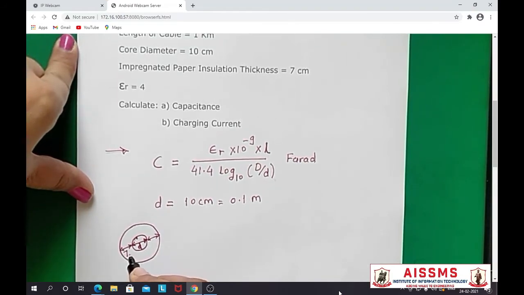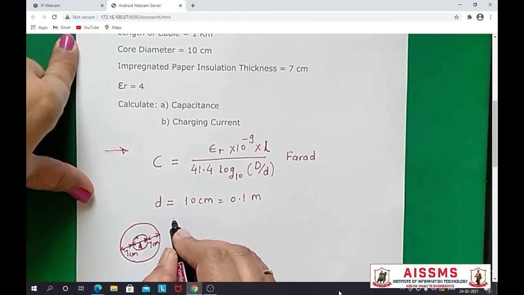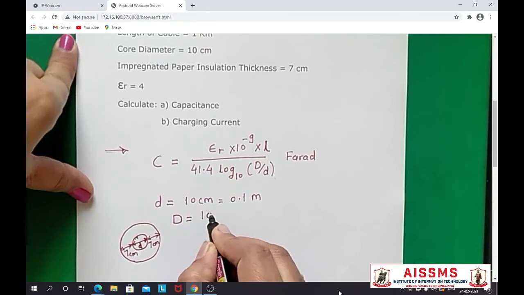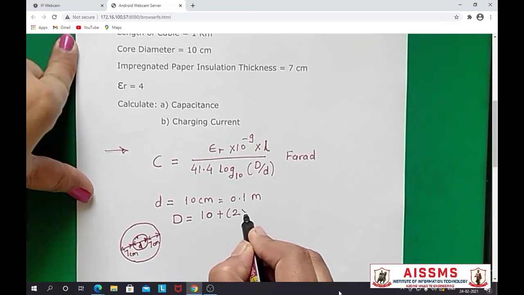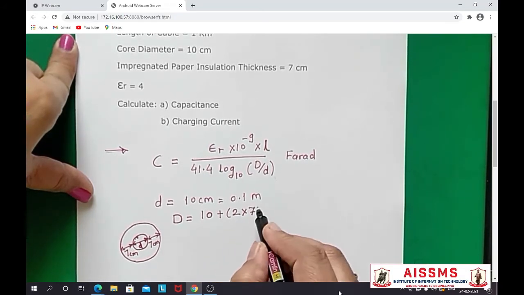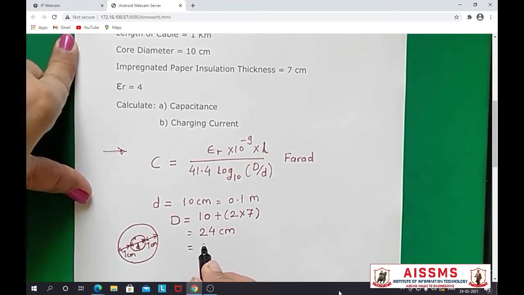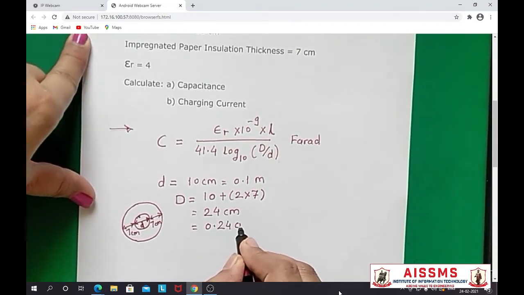It is 7 centimeter on this side and 7 centimeter on this side. So the diameter of cable is calculated as diameter of core plus 2 into thickness of the insulation. So it is coming to be 24 centimeter, or we can write it as 0.24 meter.